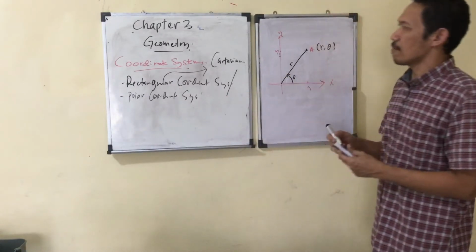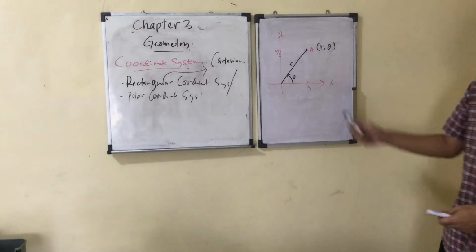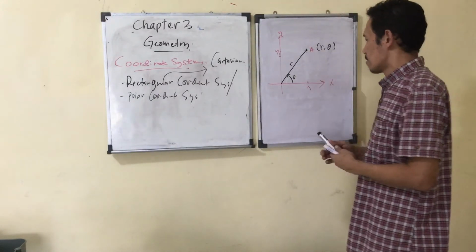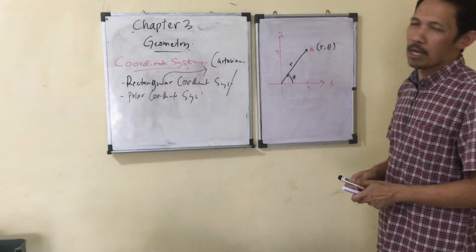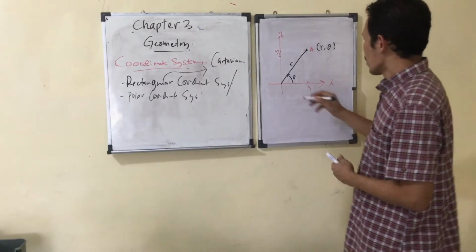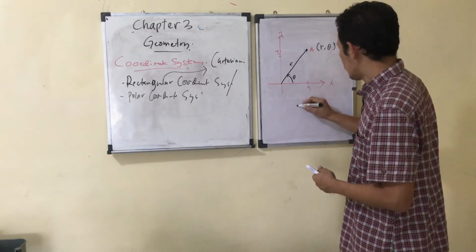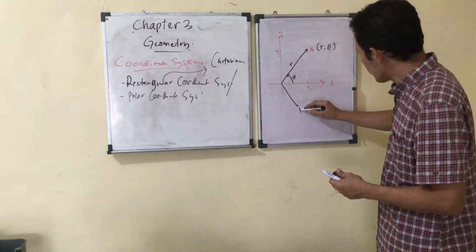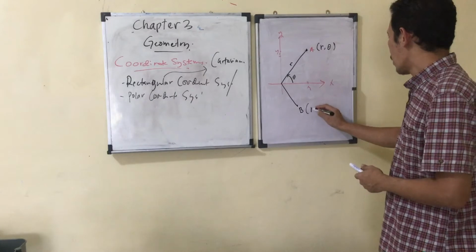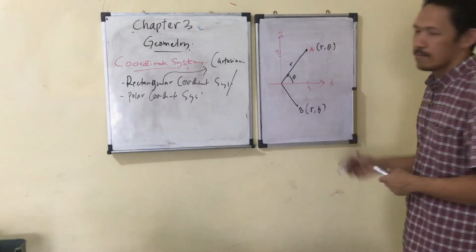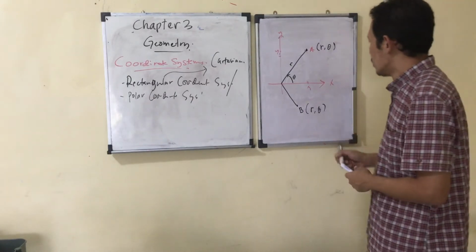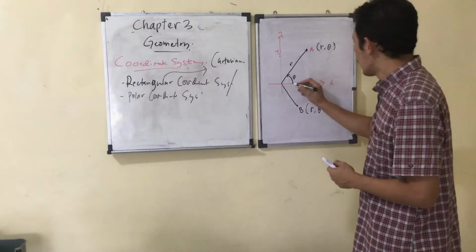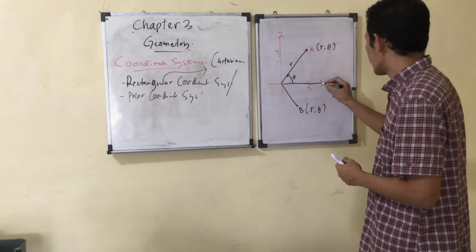So there are two different types of system used to define a point on an x and y axis, right? In terms of the polar coordinate system, what happens if we have a point B there? What is your r and what is your theta, your angle? The angles in the polar coordinate system start from this line.